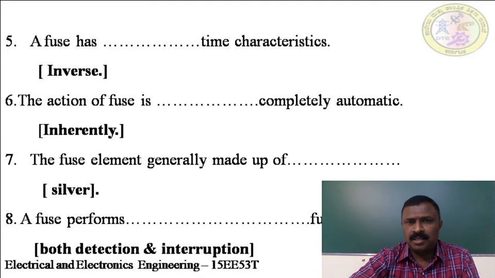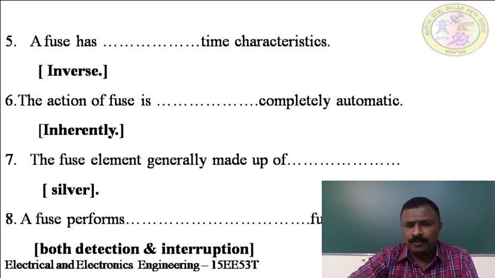So hence T is proportional to 1 by I. So the answer for this is inverse. Next question, the action of a fuse is dash completely automatic. The action of a fuse is inherently completely automatic. Inherently is the solution for question 6.